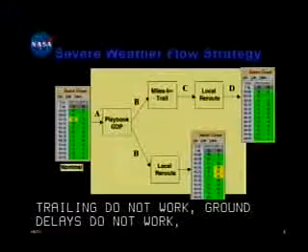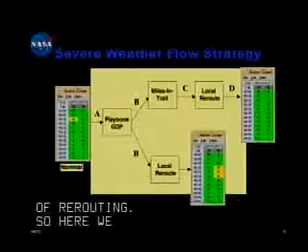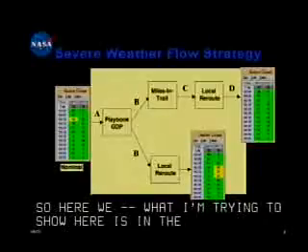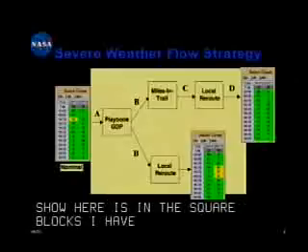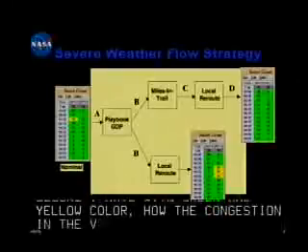Could I have the next view graph, please? So here, what I'm trying to show is, in the square blocks I have with the green and yellow color, how the congestion in the two sectors in Minneapolis center is faring.